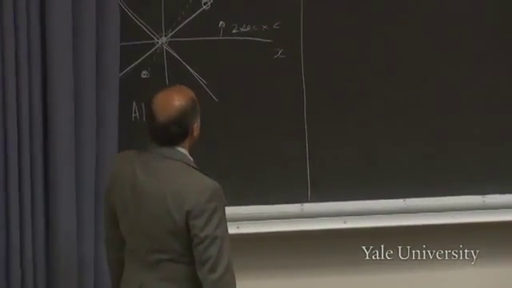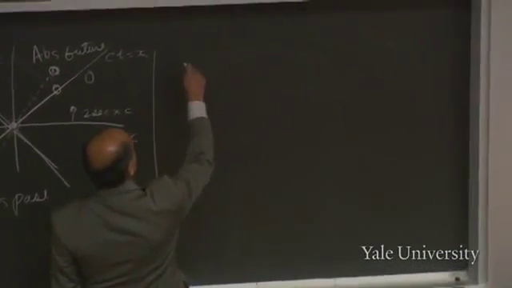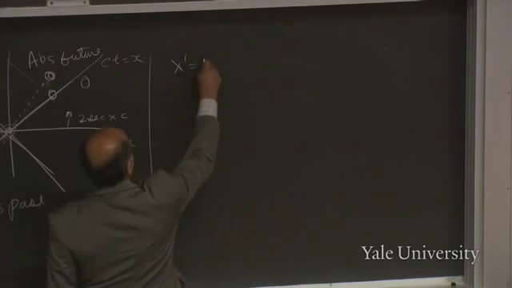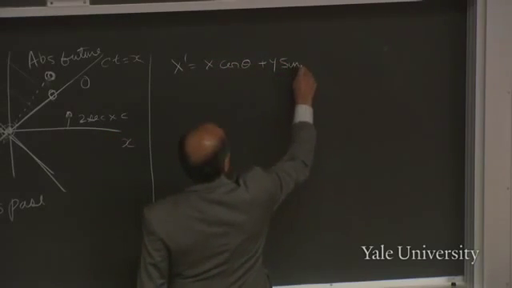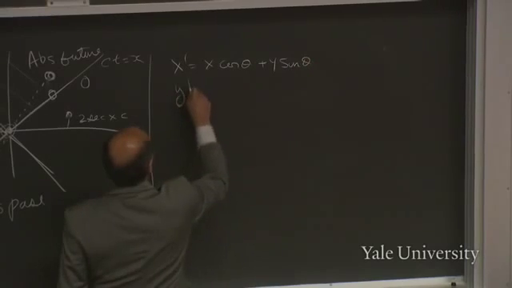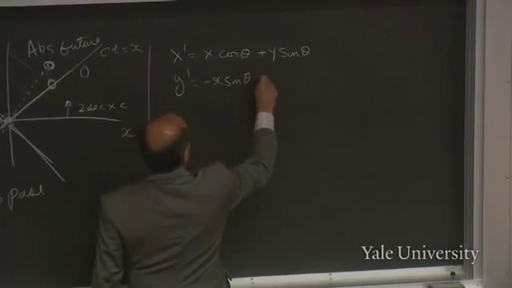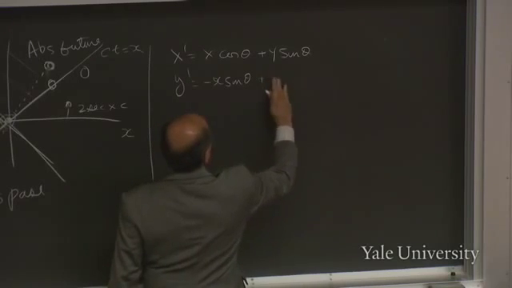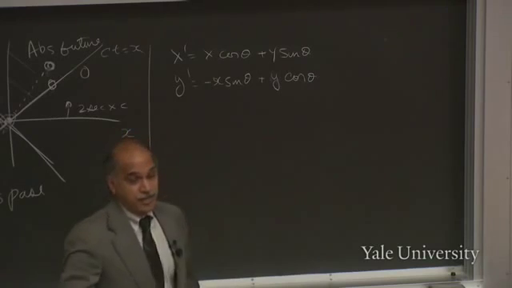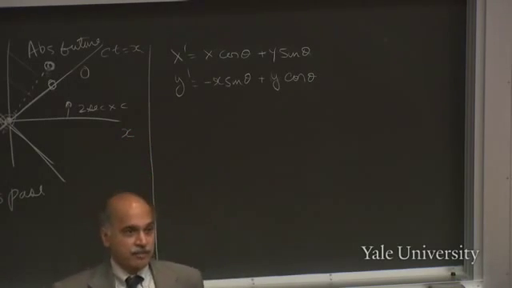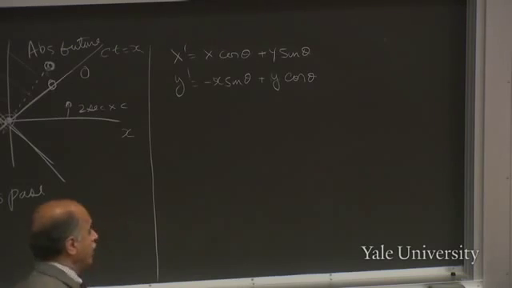We have seen that when we rotate our axes, as I've shown there, the x prime is not the same as x, but related by this formula. And y prime is also not the same as y, but related by this formula. Nothing is sacred. Coordinates of a point are not sacred. They are just dependent on who is looking at them from what orientation.